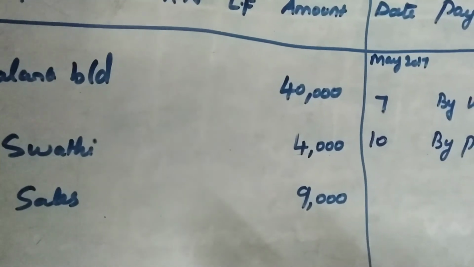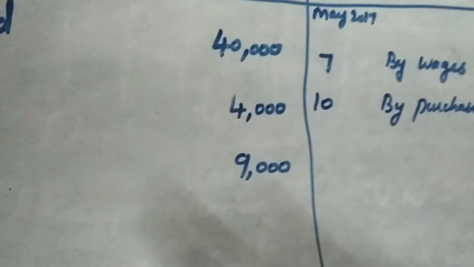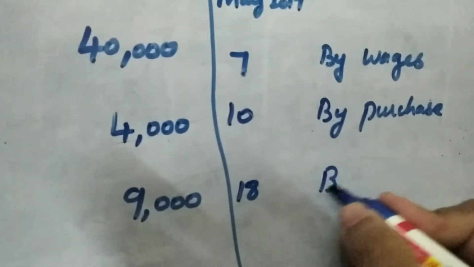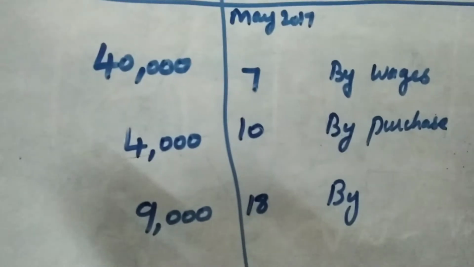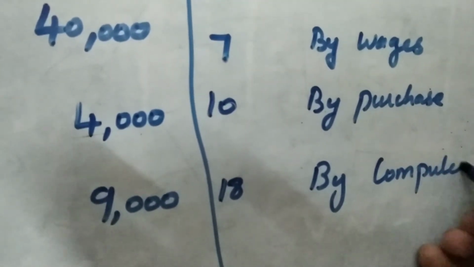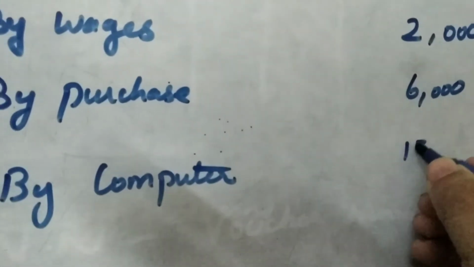So you are purchasing computer for cash. So 18th, by computer, 15,000.